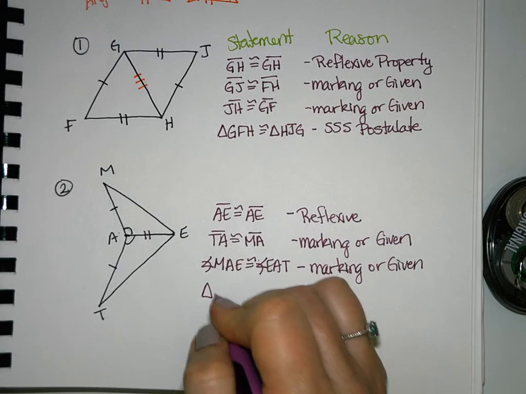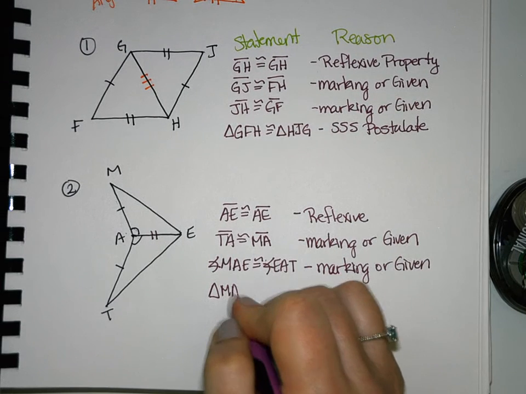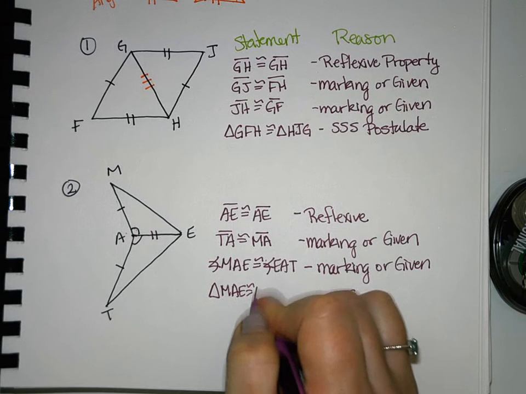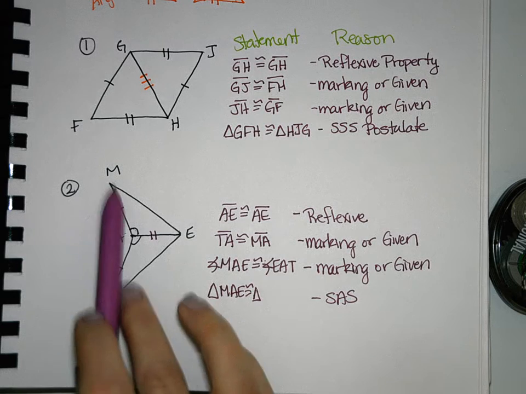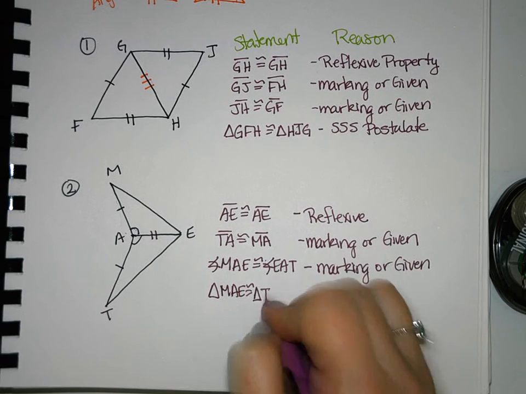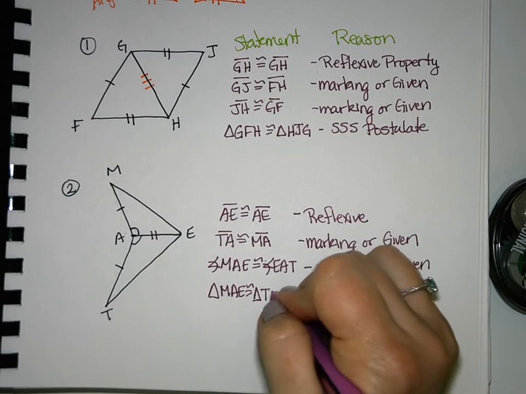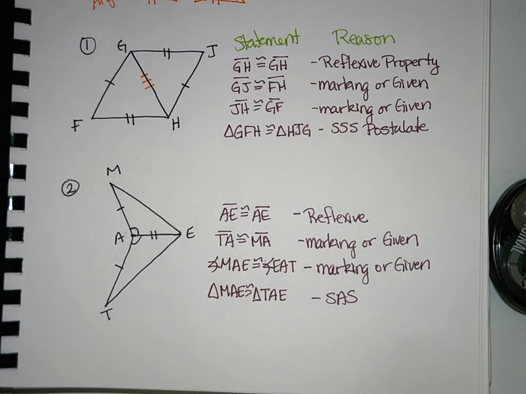So we can write triangle MAE is congruent, and then we would want to match up our parts. So M matches with T, A will match with itself, and E will match with itself by side angle side. Once you know that the two triangles are congruent, then yes, you can now say that ME is congruent to ET and all that. And that's actually a type of proof that we're doing next week or the week after. So you're just working a little bit ahead. Okay?